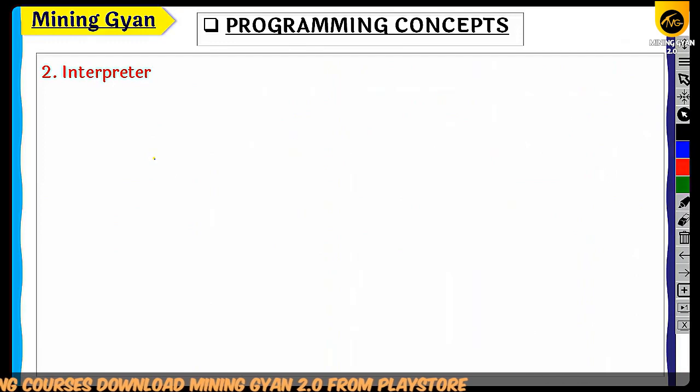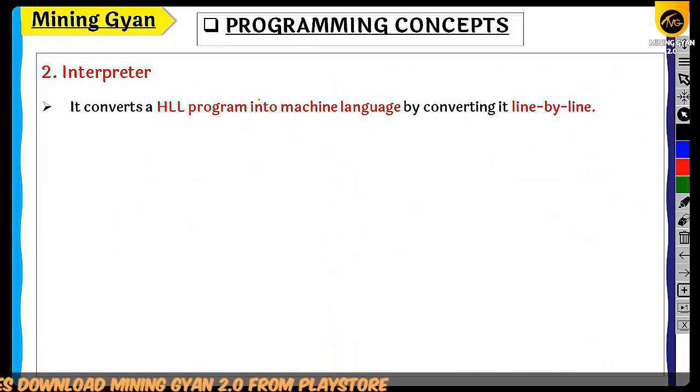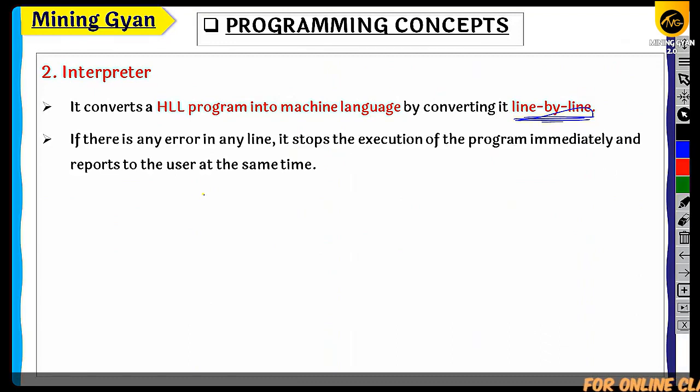Now the next type of translator is the interpreter. The interpreter converts a high level program into machine language line by line. The most important thing is that it converts line by line. If there is any error in any line, it stops the execution of the program immediately and reports it to the user at the same time.